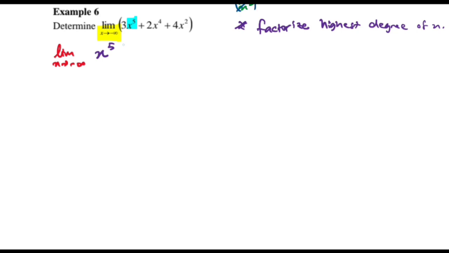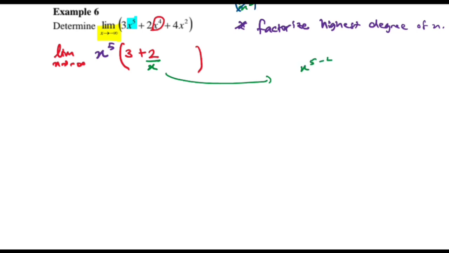So what's left? When you have factorized x power 5, you're left with 3. And then there's still 2 here. But what about x power 4? If you have taken out x power 5, which is greater than x power 4, so to make it equal, you still have to divide it with x. How to get this x power 1 is x power 5 minus power 4.